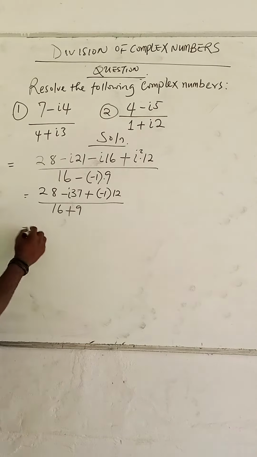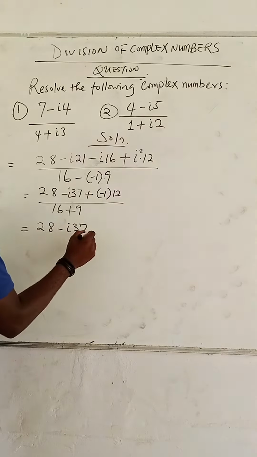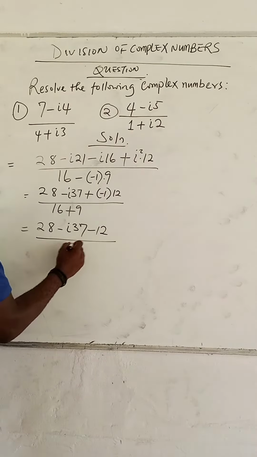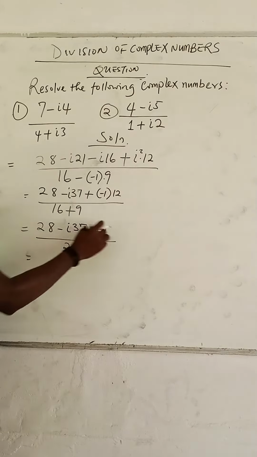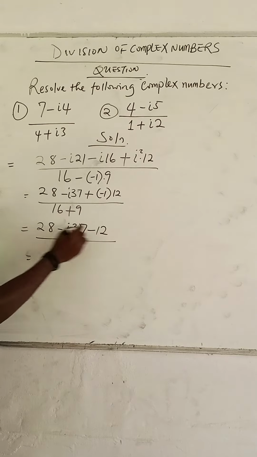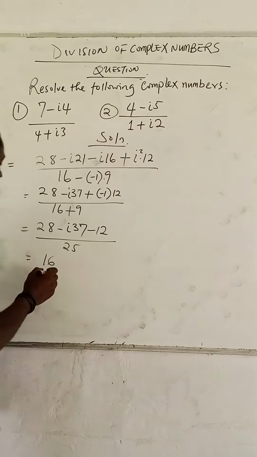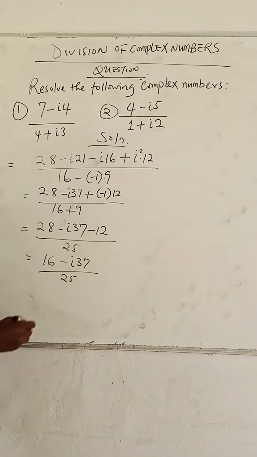So this becomes 28 minus I37 minus 12 all over 25. Now, by resolving the numerator, 28 minus 12, since they are like terms, is 16, minus I37 over 25.